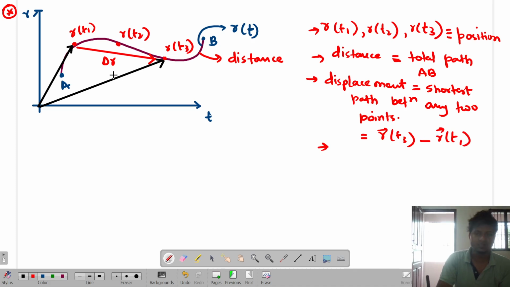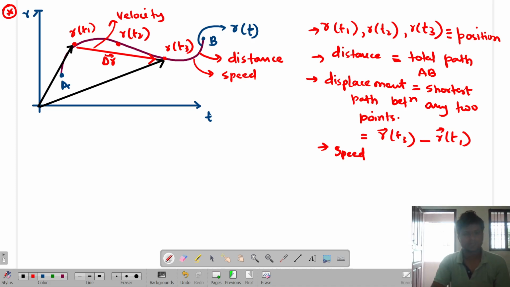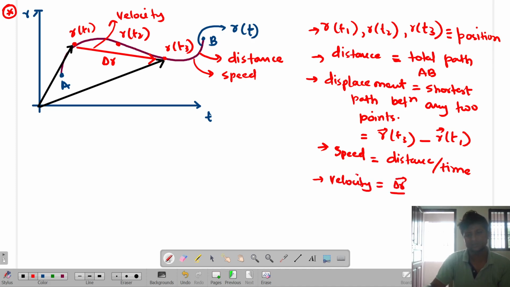Next point is very clear: speed is defined for this curved path, right or not? While velocity will be defined for this straight-line displacement. Is that clear? Speed is total path by total time, or distance traveled between any two points by total time, while velocity is simply displacement by time, meaning delta r by delta t.